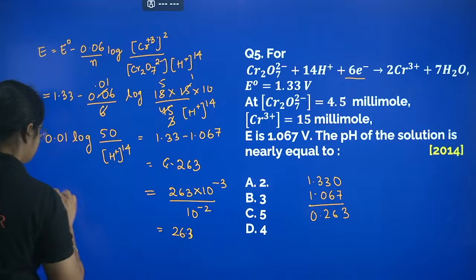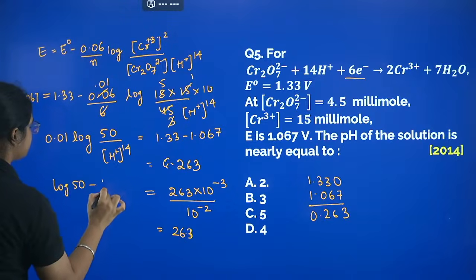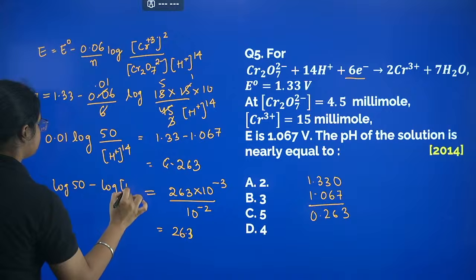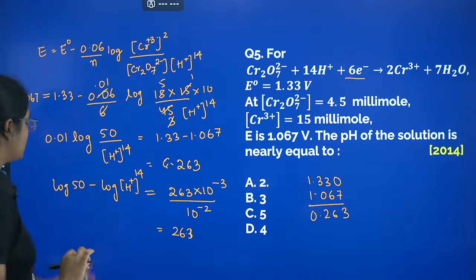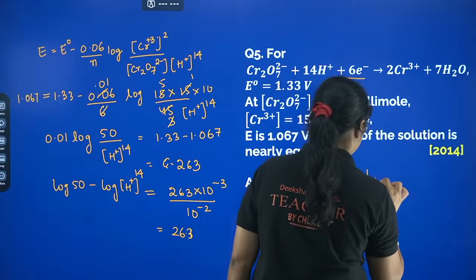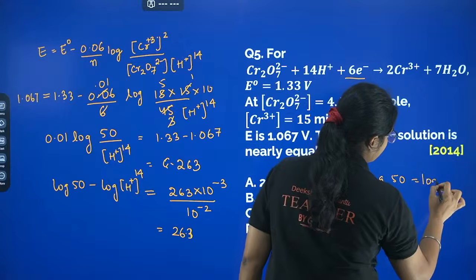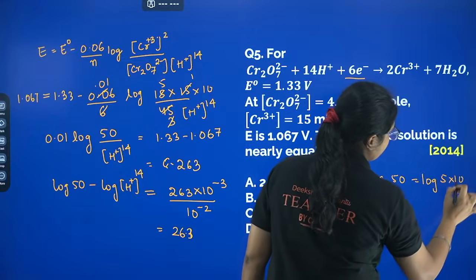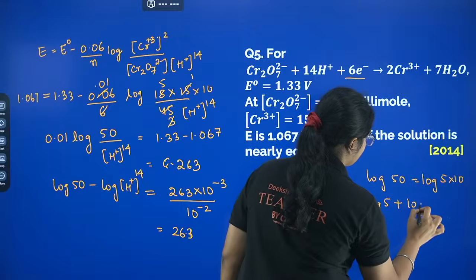Now this one you see here, how can I solve this? This is log 50 minus log of [H+] to the power of 14, right? Now how to solve log 50? It will take time, students, you have to wait. Log 50 can be written as log of 5 into 10, so I can write it as log 5 plus log 10.